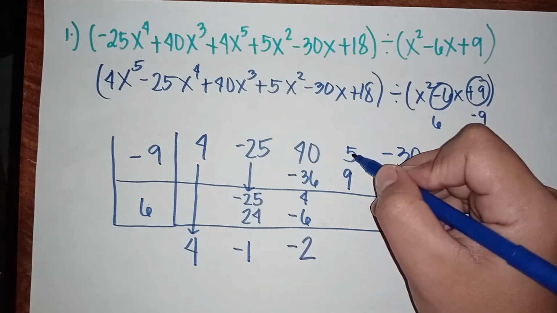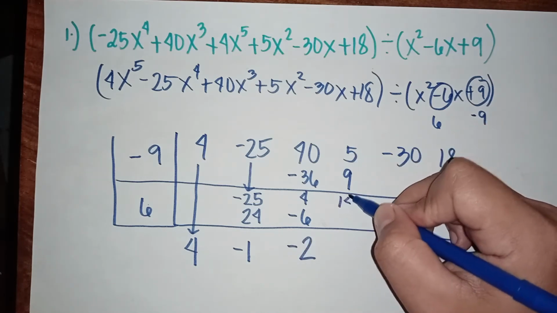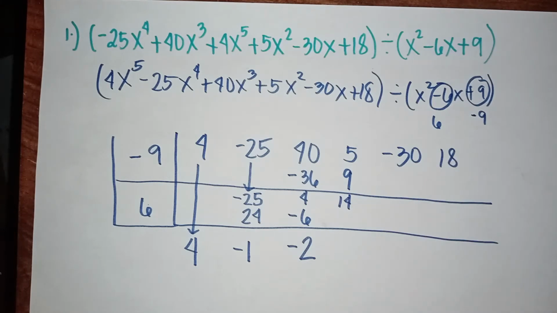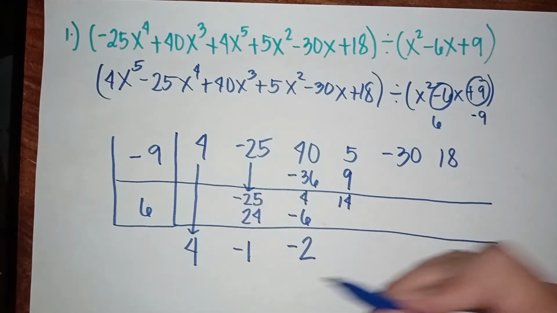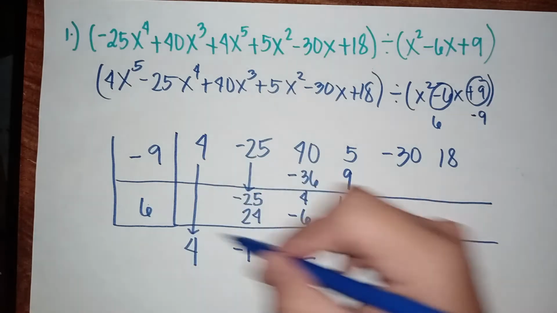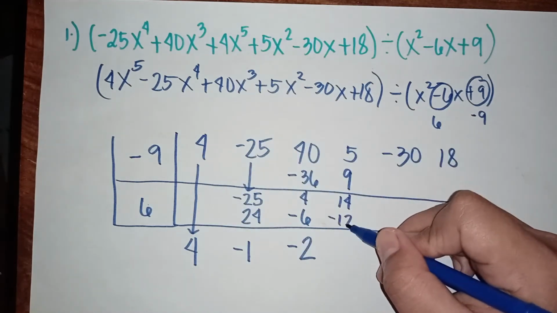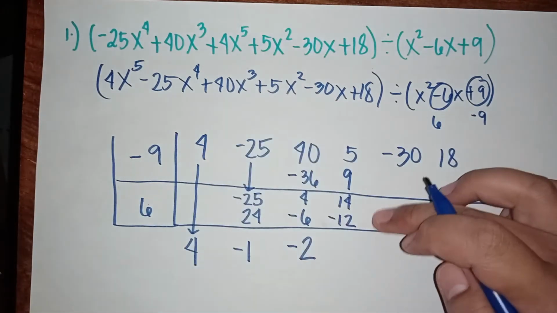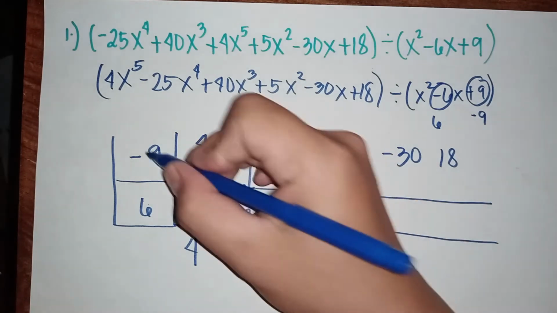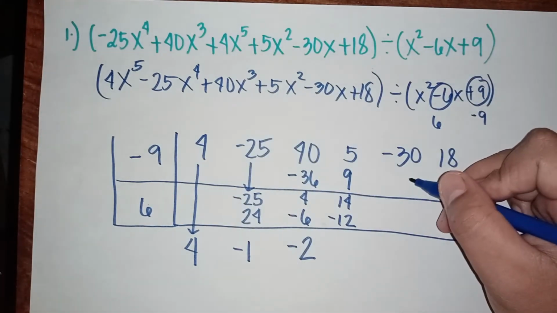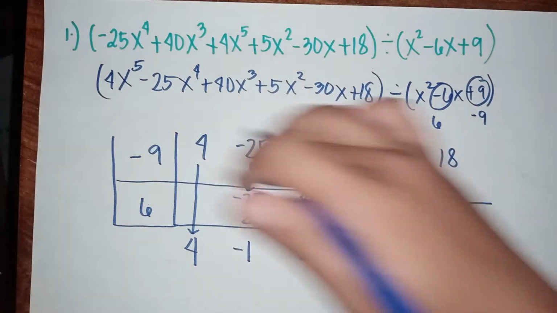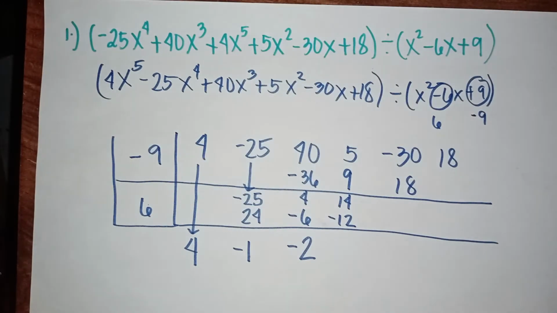Next, add natin 5 plus 9, that is 14. Yung sagot dito sa third column, multiply natin ulit sa 6, negative 2 times 6, that is negative 12. Lagay natin sa second column kasi yung 6 nasa second column. Negative 2 times negative 9, that is positive 18. Ilagay natin sa first column kasi yung negative 9 nasa first column.